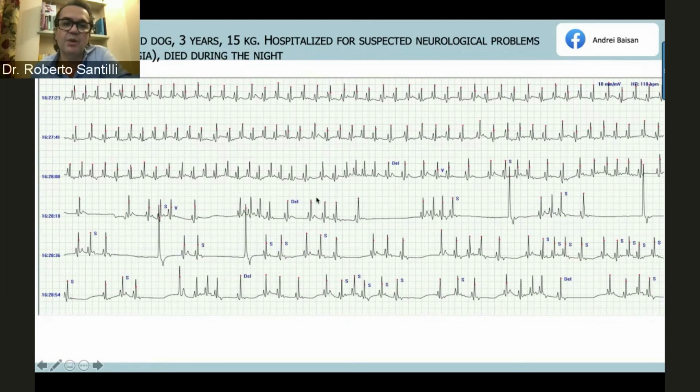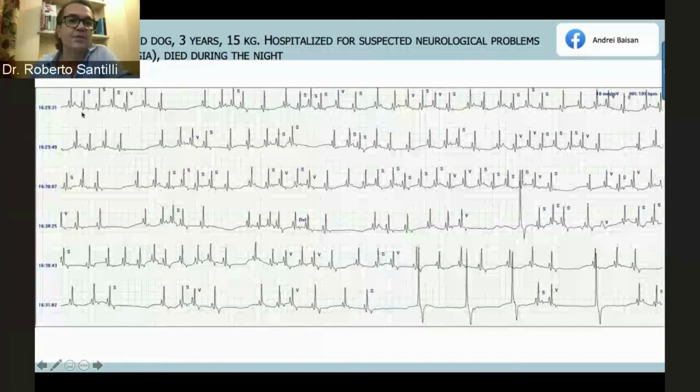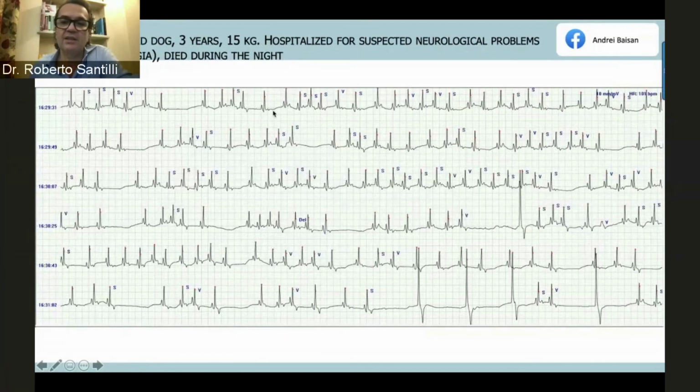Maybe this can happen obviously with sinus node dysfunction, but I don't think this is the case because you have periods where you have a completely normal rate. And then you see here that this imbalance gets worse and worse, and then suddenly you have an escape ventricular rhythm like that, because probably he has a very, very high intracranial pressure for some reason.